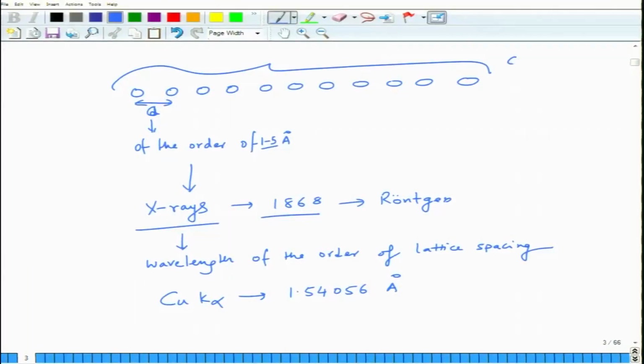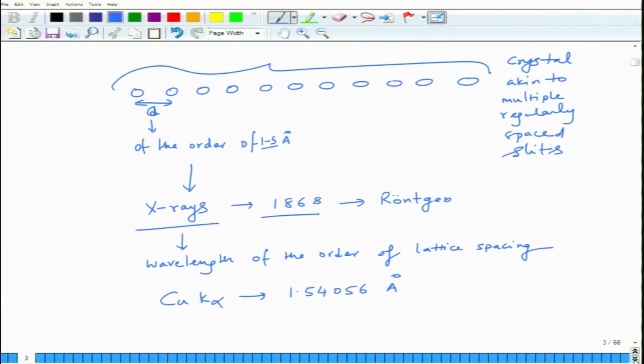So you can consider a crystal akin to multiple regularly spaced slits. They should also behave like slits; it is just that we need to find the right wavelength which can fulfill the diffraction condition.